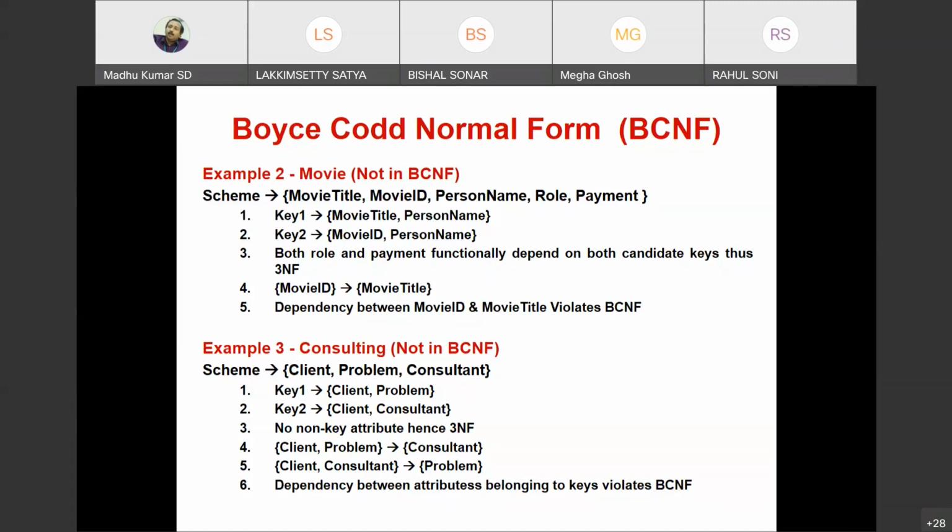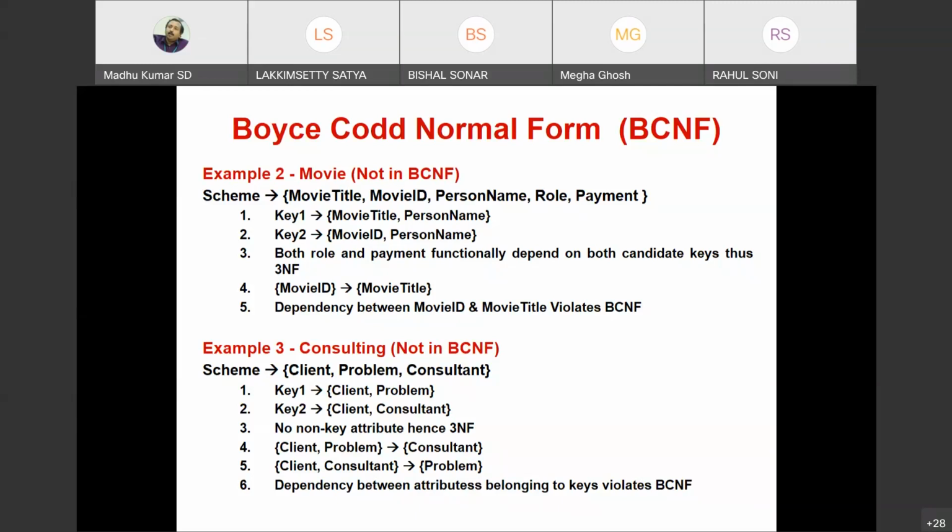Sir, in BCNF, every non-prime attribute depends on prime attributes, and the prime attributes, actually the candidate keys, on the left-hand side of the functional dependencies should not have more than one column. There can be a composite key.